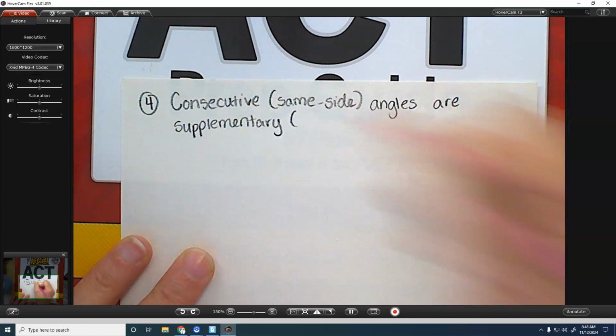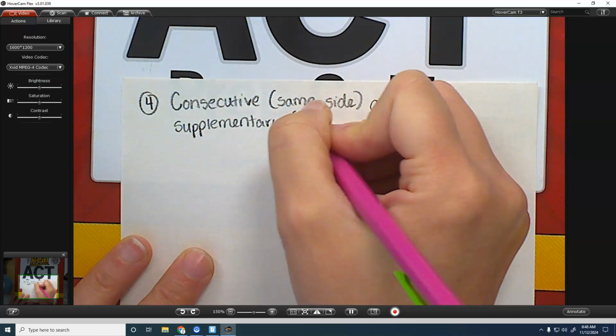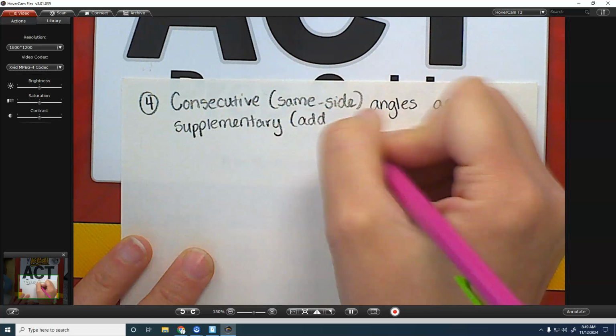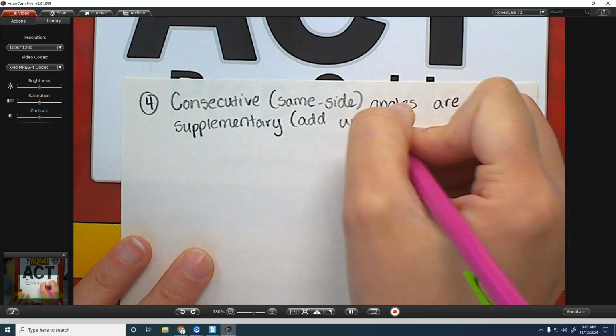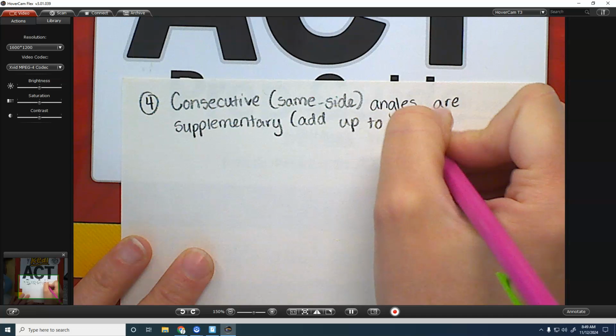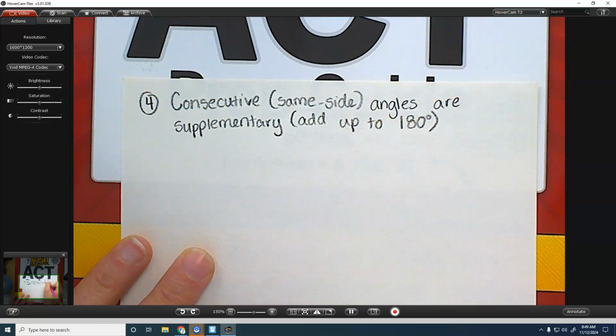And I'm going to put in parentheses here, add up to 180 degrees.